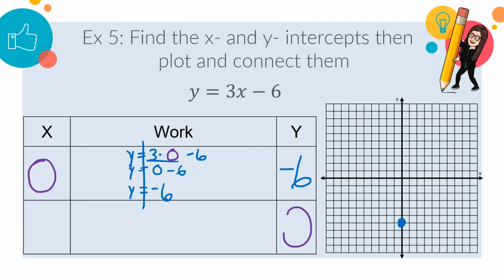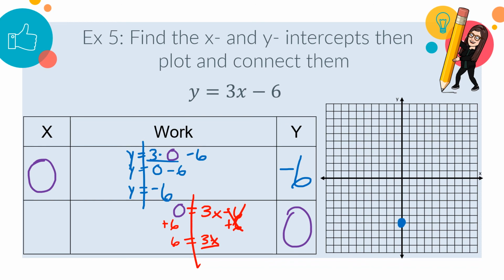Let's try it the opposite way. This time, we're going to plug 0 in for y. I'm going to color code it though. So instead of y, I leave a gap. And instead of y, I put a 0. Regular old solving to get x by itself. Instead of minus 6, let's kick it over by adding 6.